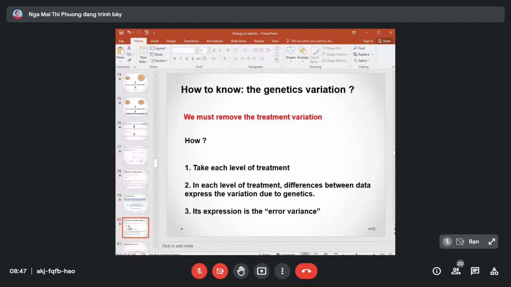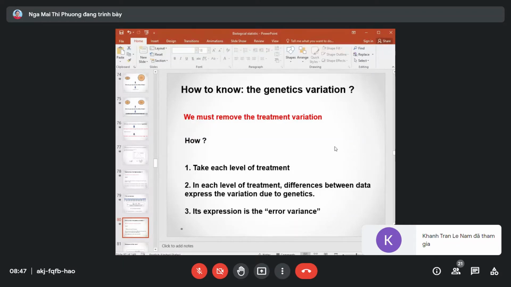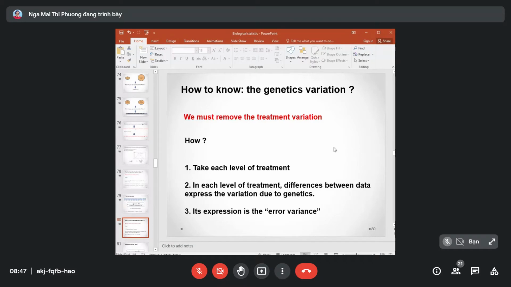Next one. How to know the genetic variation? Before, we assumed that there's no genetic variation, but actually there may be. You know already the term clone. With a clone, we assume that all individuals originate from one individual. So we make clones.